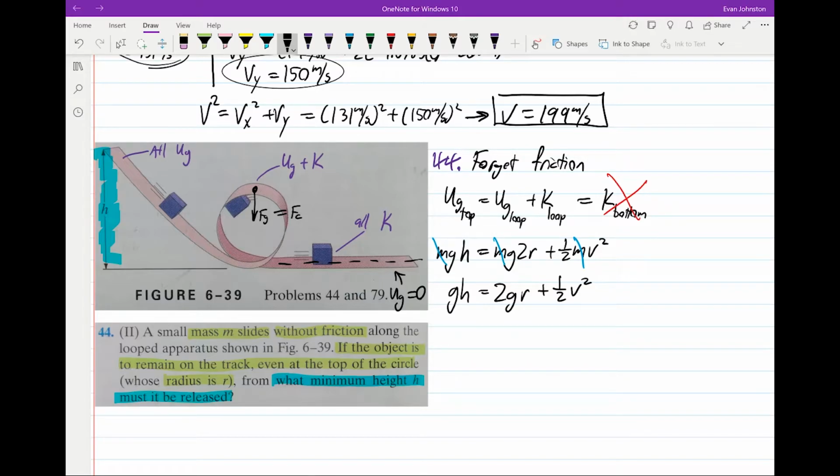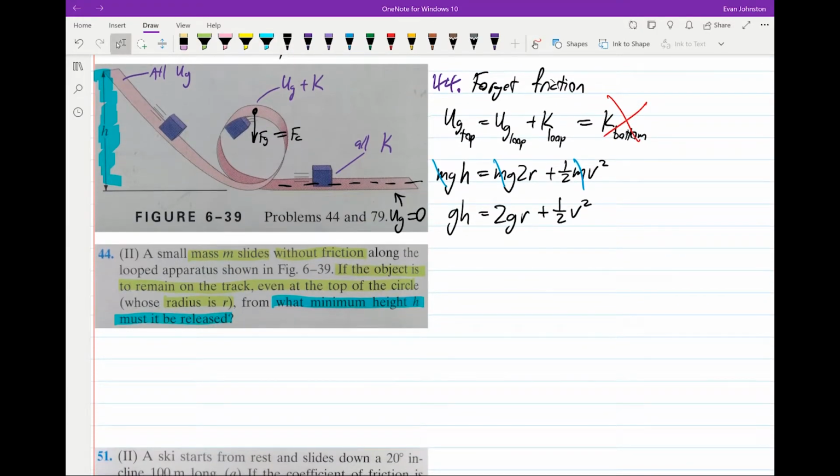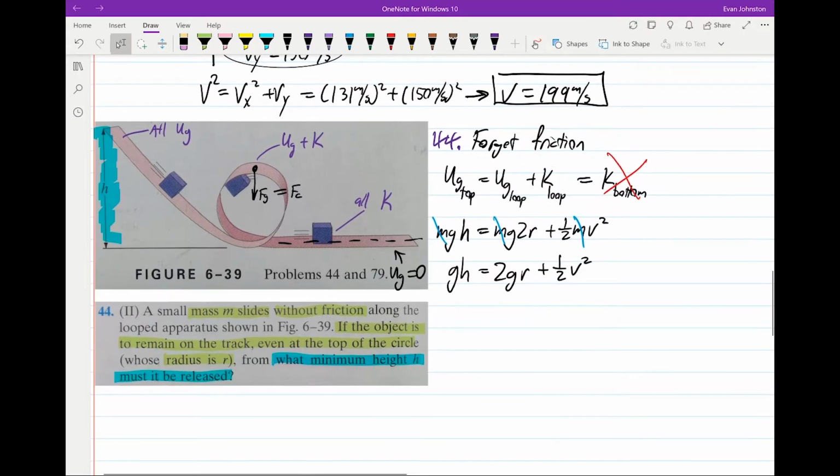But now I have to mention something from earlier. We know that for the minimum height, because maybe the minimum height is actually right here, if you go up any bit higher than that, of course, the box is still going to make it through the loop. But any little bit higher, we're going to see that the box is just going faster and faster through the loop.